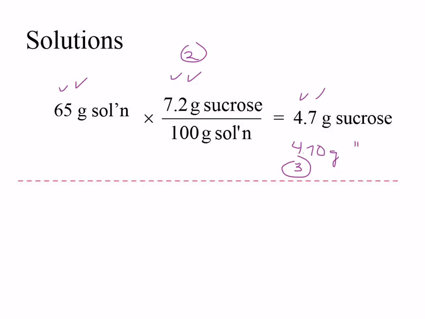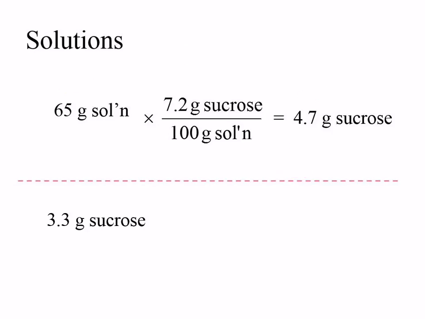Actually, that brings up a good point: if you show your work and you accidentally slip in the wrong number, that's okay. You're going to get almost all credit. You know what I'm saying? So showing your work is not only the right thing to do, because I ask it, but it can also save you in that sort of situation. To do the next one, we're going to start with the term 3.3 grams of sucrose over 1.